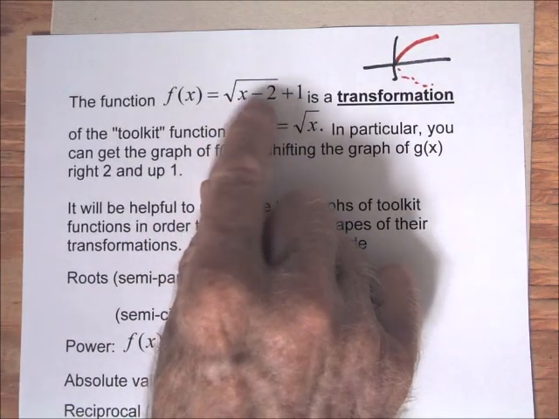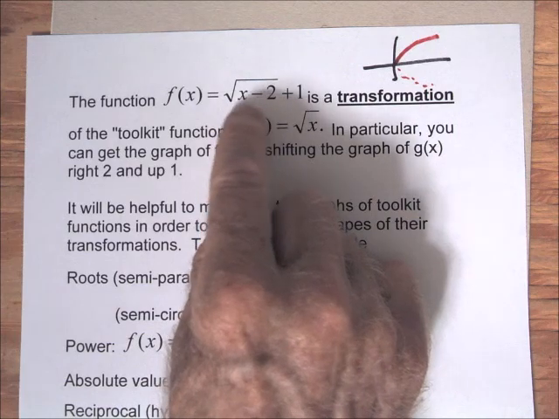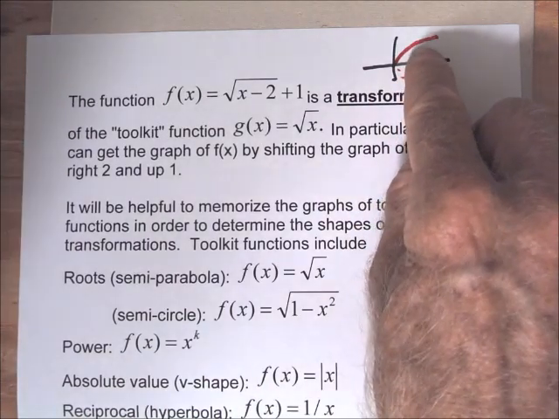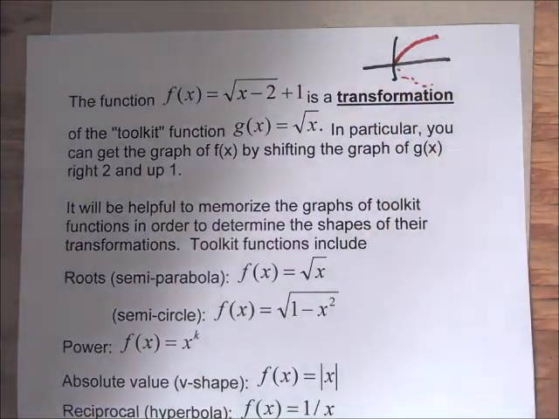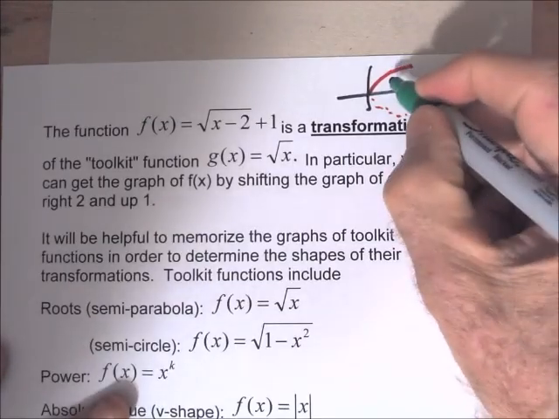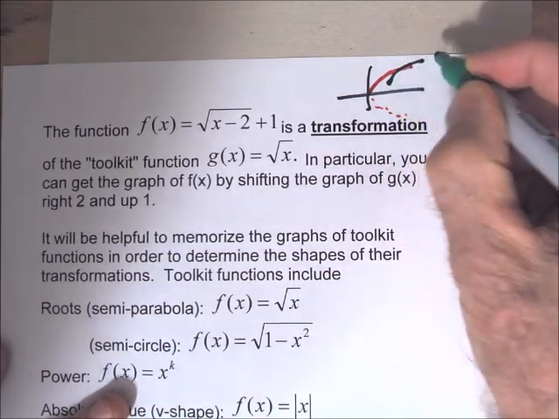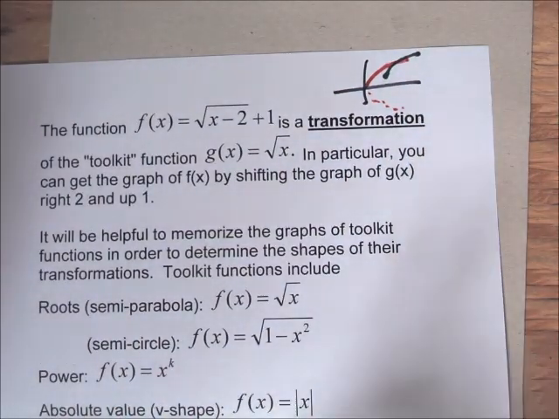Subtracting 2, you might think you move 2 to the left, but if it's inside parentheses or inside a square root, it has the opposite effect of what it looks like. So this is a shift of 2 to the right and up 1. So the new parabola is 2 to the right, up 1, maybe goes something like this. That's the new parabola.